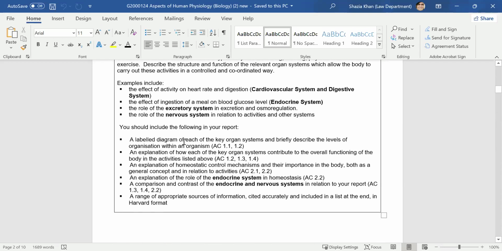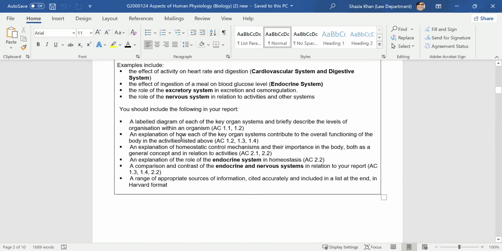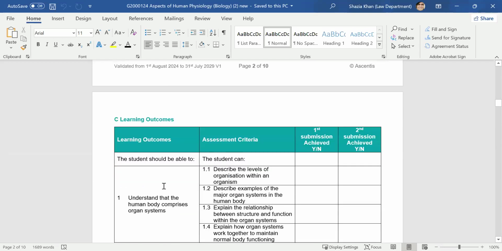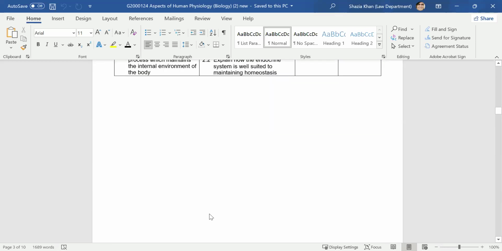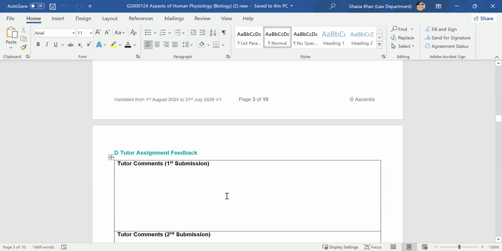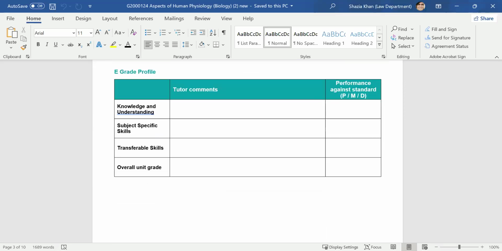I've done this in the assignment PowerPoint slides anyway. I'm just going through this quickly so you know what it looks like and what is expected of you. This is available to you on Moodle. Let me go back and share the guidelines for the assignment.